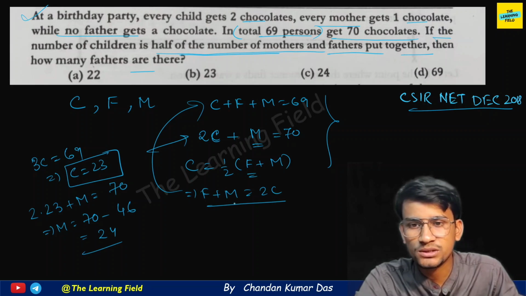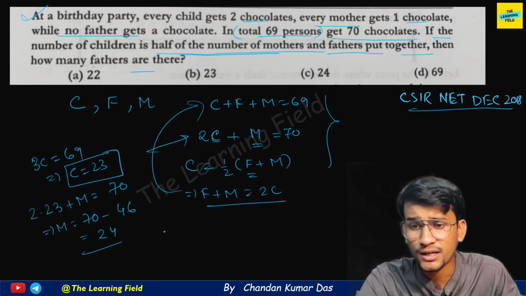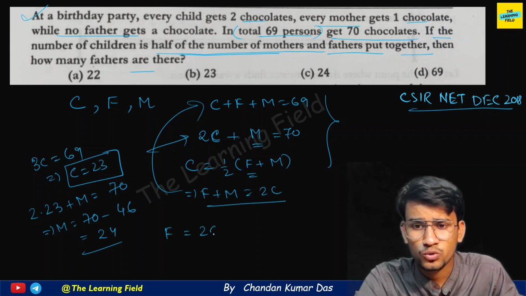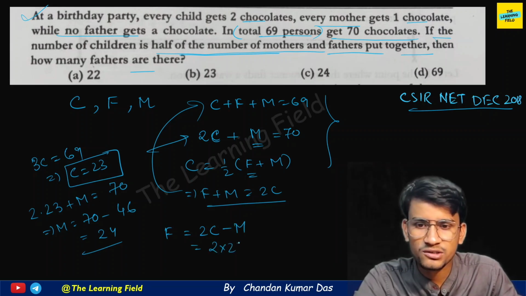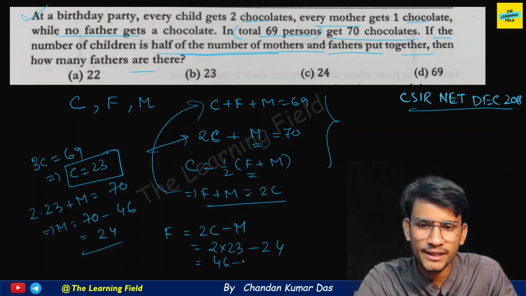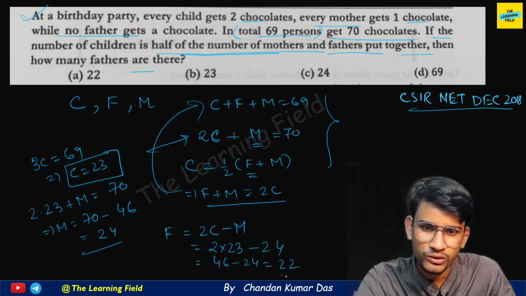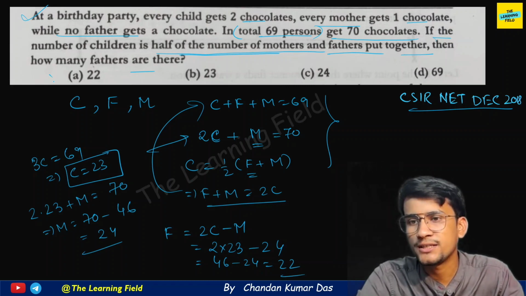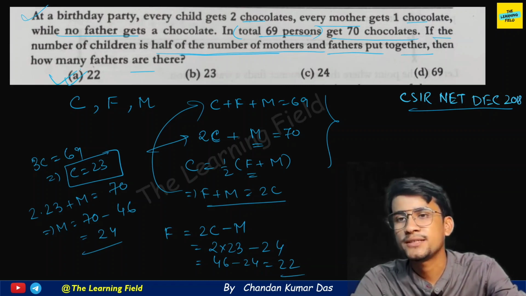Now from this equation, the number of fathers is F equals 2C minus M, that is 2 into 23 minus 24. So 46 minus 24 gives us 22. So the number of fathers is 22. This is an easy problem.